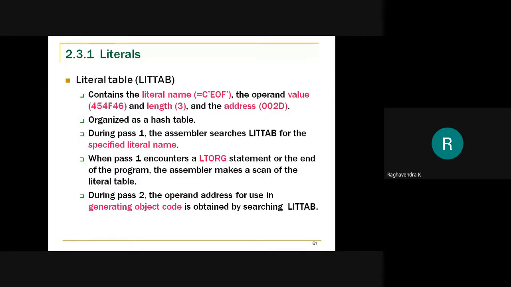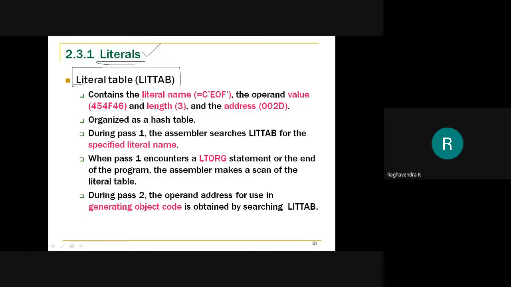Now, just like the symbol table and op table, we have one more table that the assembler has to deal with if it is handling the concept of literals. The table is called the literal table, or LITTAB. This literal table would contain the following things.